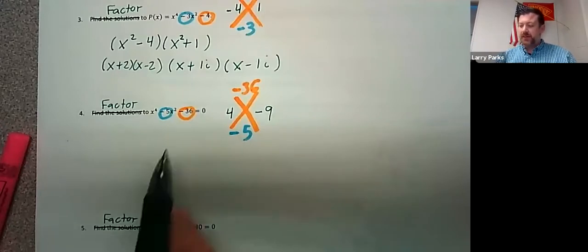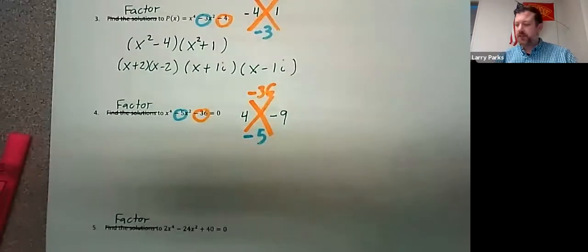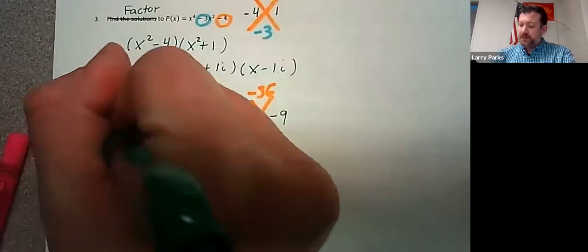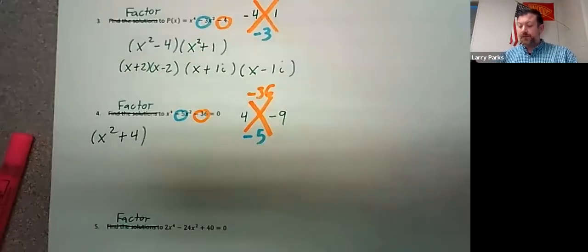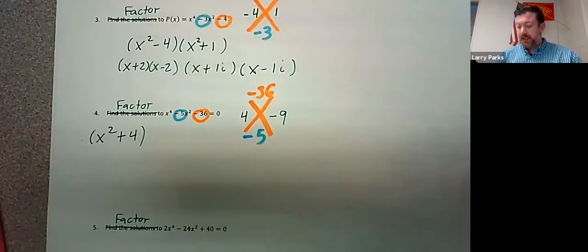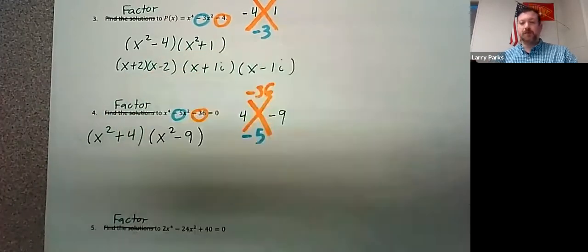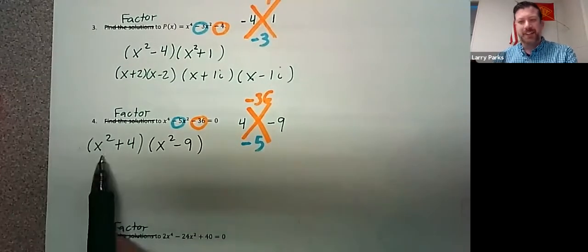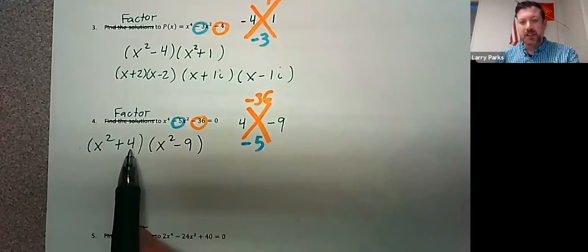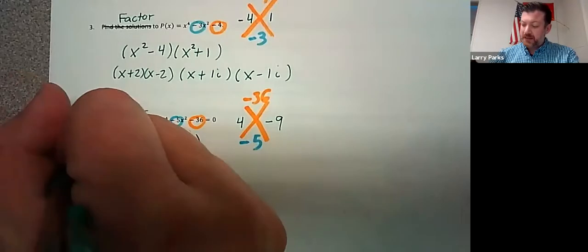So from here, because it's a quartic, I would go x squared plus 4, x squared minus 9. And I'll write this one in a different color this time. Now x squared plus 4, you have x and x, 2 and 2, and because of the plus, you're going to have an i. So it'd be x plus 2i, x minus 2i.